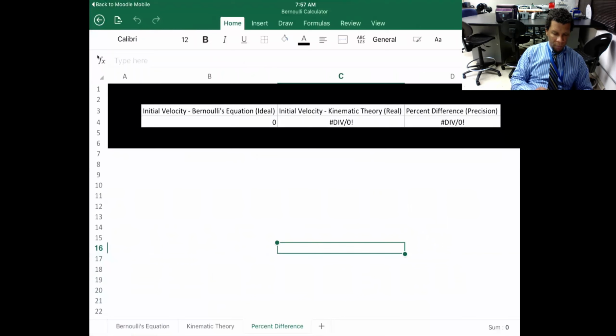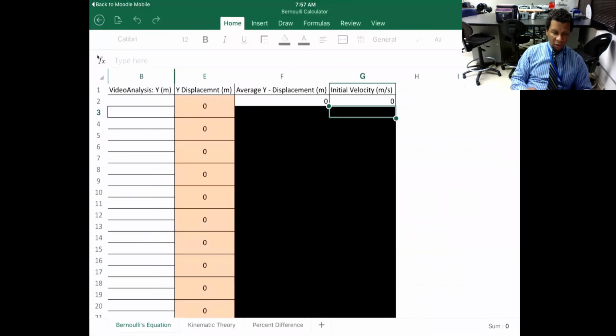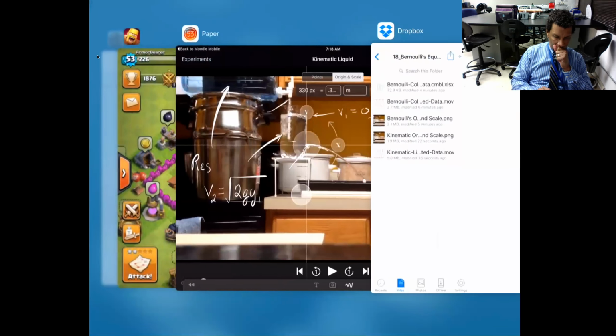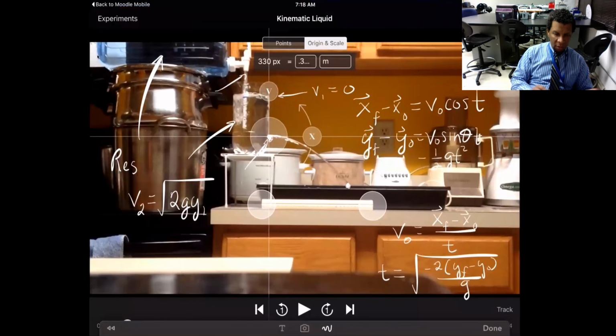Okay. So when we're using Bernoulli's equation, if you remember the theory, the theory is basically saying all we need is y1. Y1 is up here. Okay, that's all we're going to need.